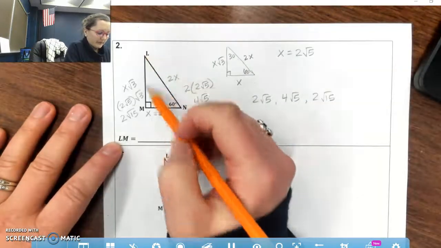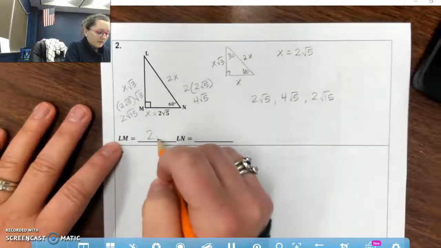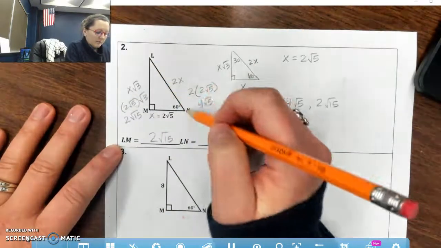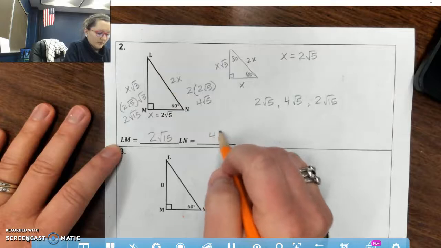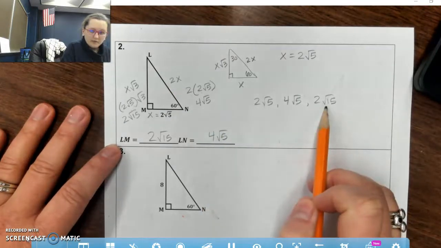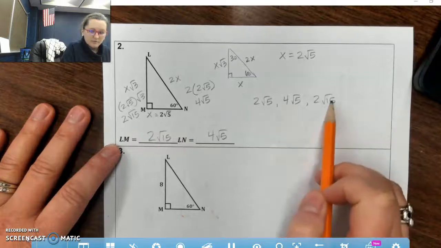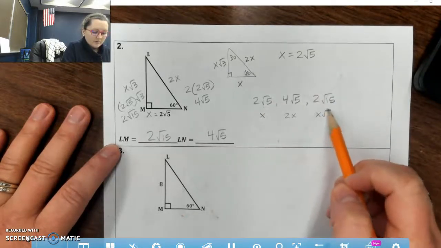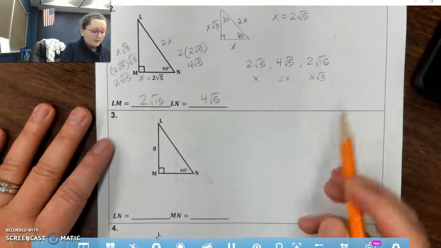LM, that's the long side, 2 root 15. LN, that's my hypotenuse, that's 4 root 5. So you can see double times root 3, right? So x, 2x, x root 3. All right, let's move on to the next one.